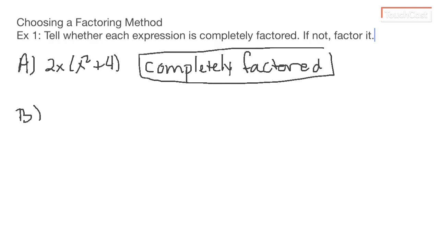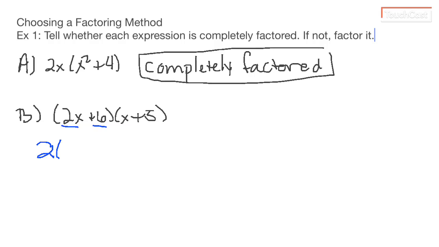Let's look at 1b, where we're going to look at the expression 2x plus 6 times x plus 5. Well, I look at the first set of parentheses, and I notice right away those two terms, the 2x and the 6, are both divisible by 2. So I'm going to start by taking a 2 out of that term, a greatest common factor.